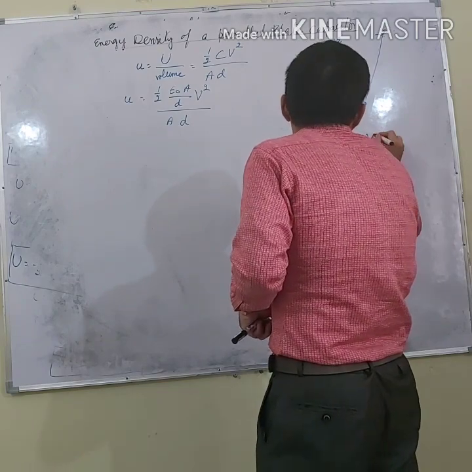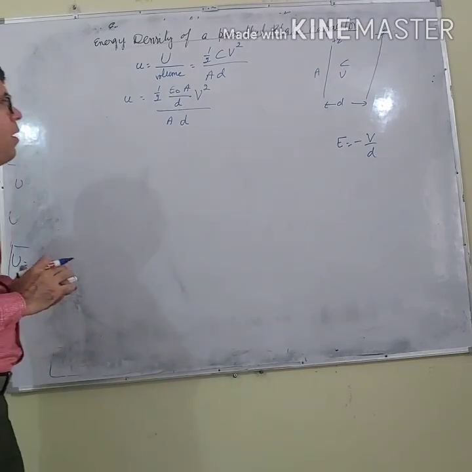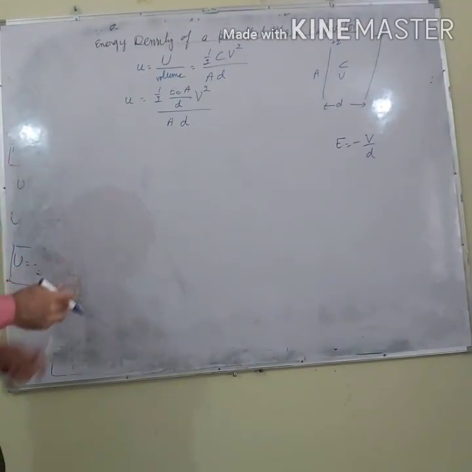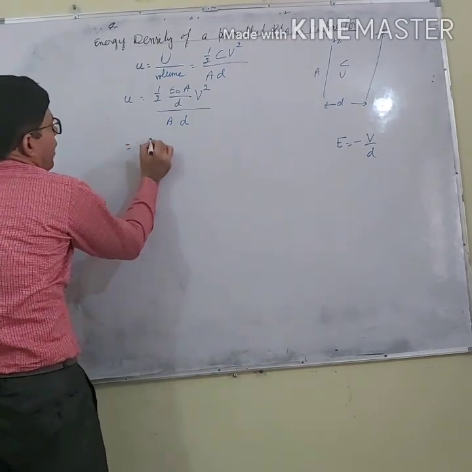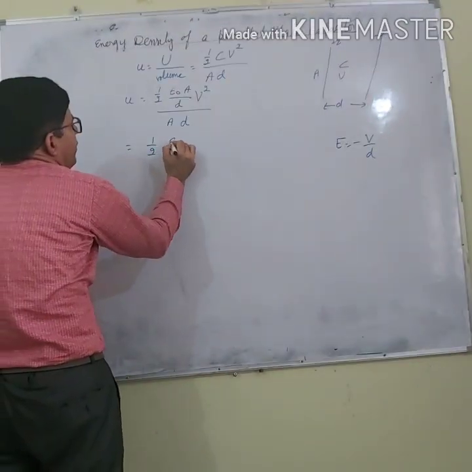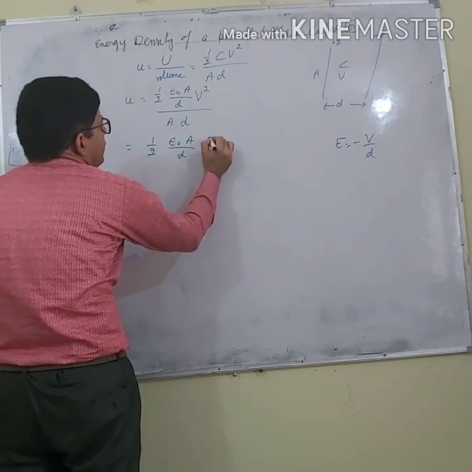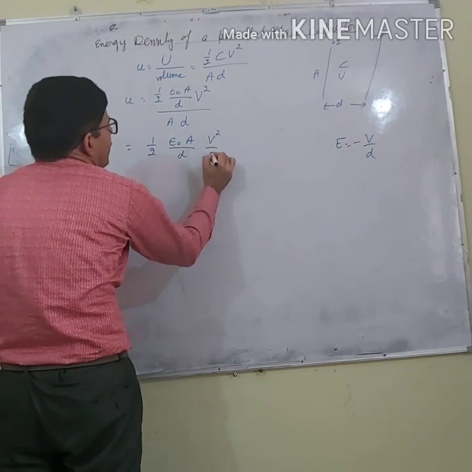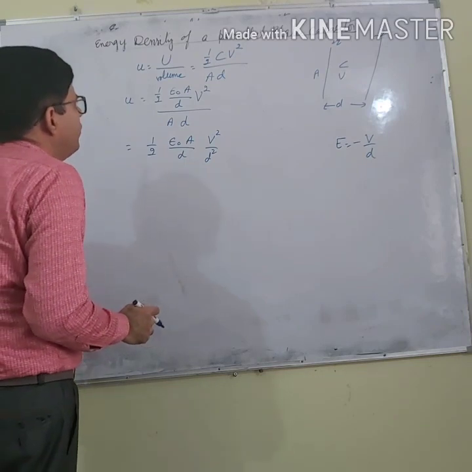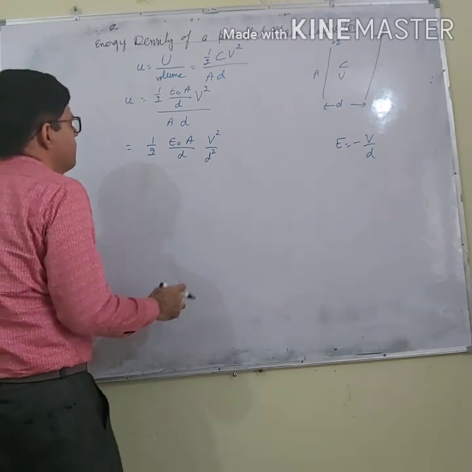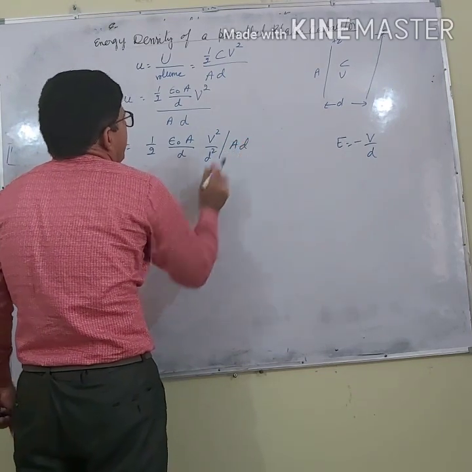Electric field is the negative of the potential gradient. So in place of V, I will write V square by D square, multiplied by AD.